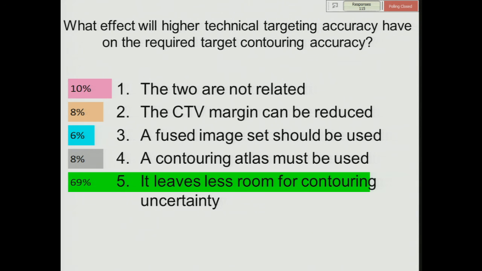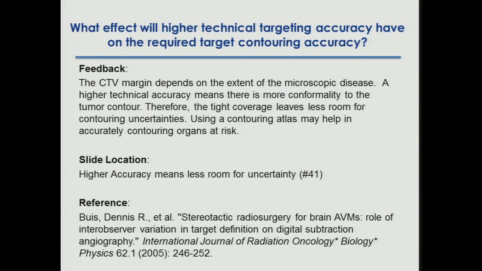It's a slightly challenging question, but the CTV margin depends on the extent of the microscopic disease, and that does not change. This is a clinical or pathology question. A higher technical accuracy means there's more conformality to the tumor contour in your treatment plan. Therefore, if you have very tight coverage, especially of an irregular lesion, you have less room for contouring uncertainties. Using a contouring atlas may help in accurately contouring organs at risk, but it's not a must. So you can go back to slide, I think, number 41.